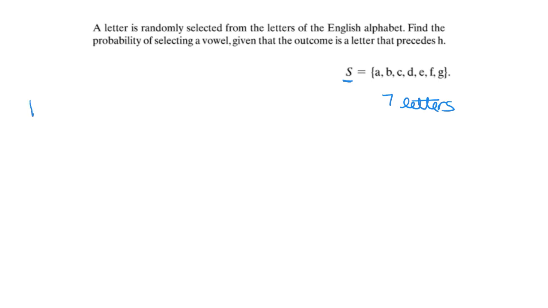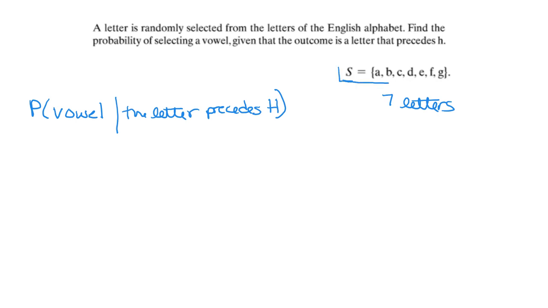So we're looking for the probability of a vowel given that the letter precedes H. So that's our probability. Remember, that's the given that. So we've met the condition of given that precedes H with this right here, sample space if you want to call it that, or our set.